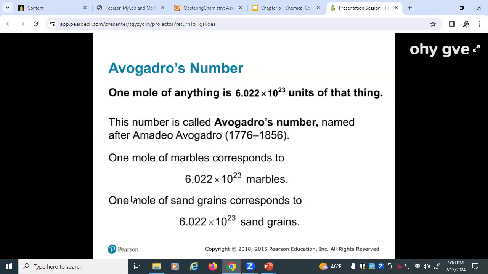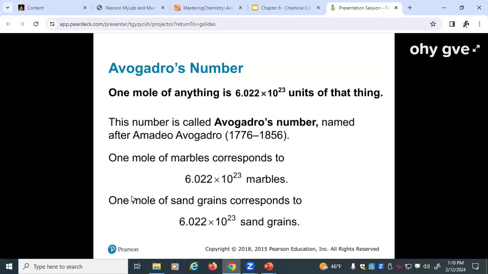1 mole of a substance is Avogadro's number, 6.022 times 10 to the 23rd of whatever that thing is. So a mole of jelly beans has 6.022 times 10 to the 23rd, 602 sextillion objects in it.